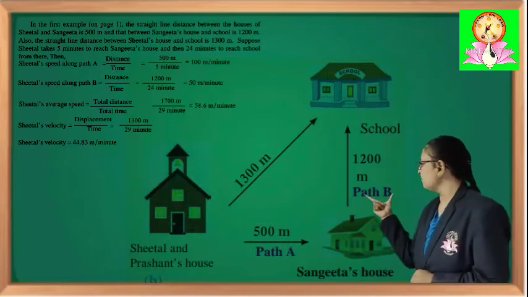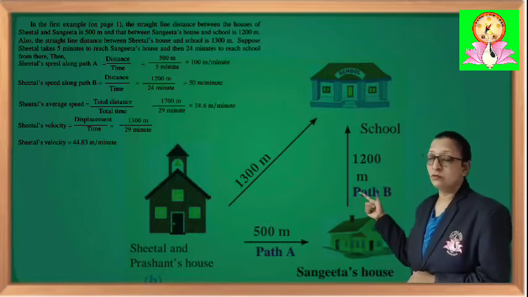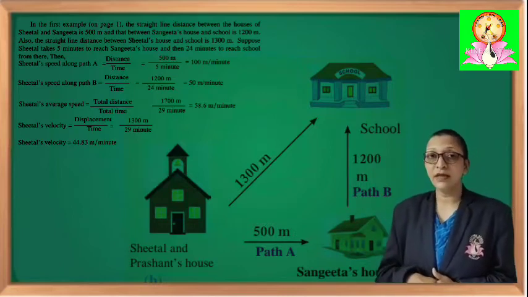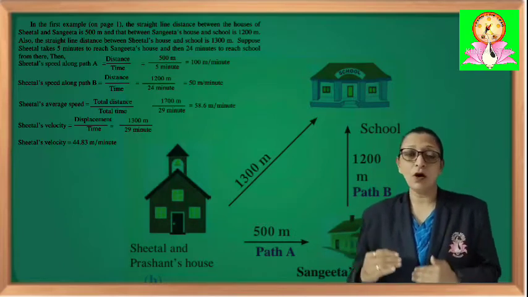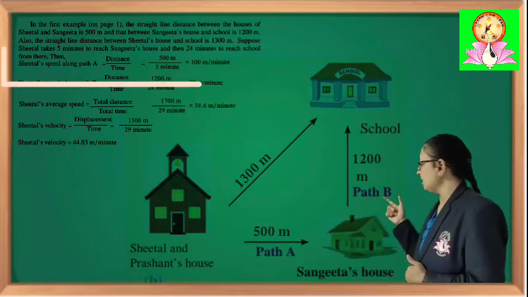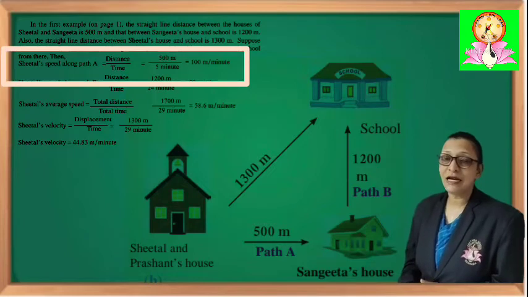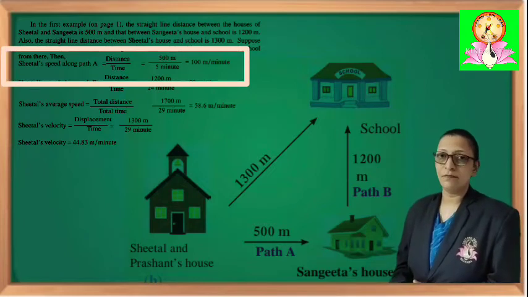Suppose Sheetal takes 5 minutes to reach from her house to Sangeeta's house, then the speed of Sheetal across this path is 500 upon 5, that is 100 meters per minute.